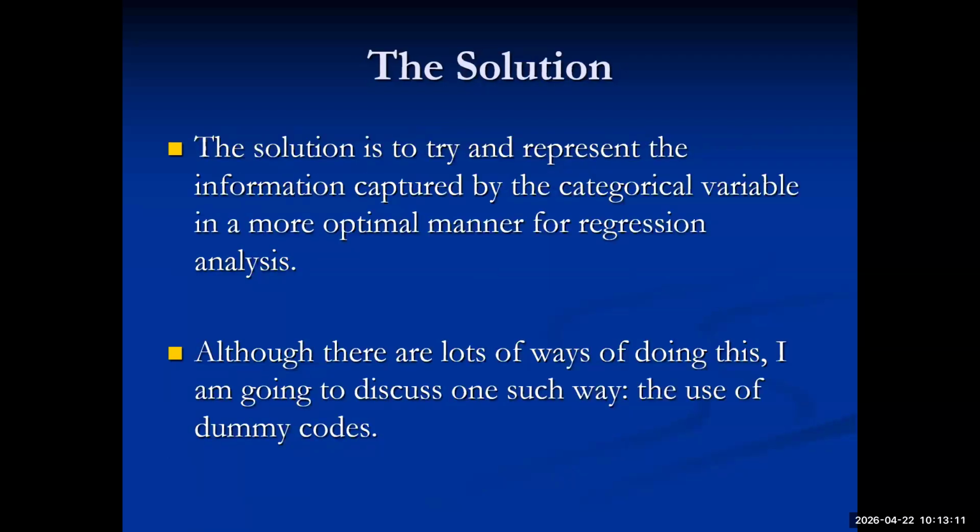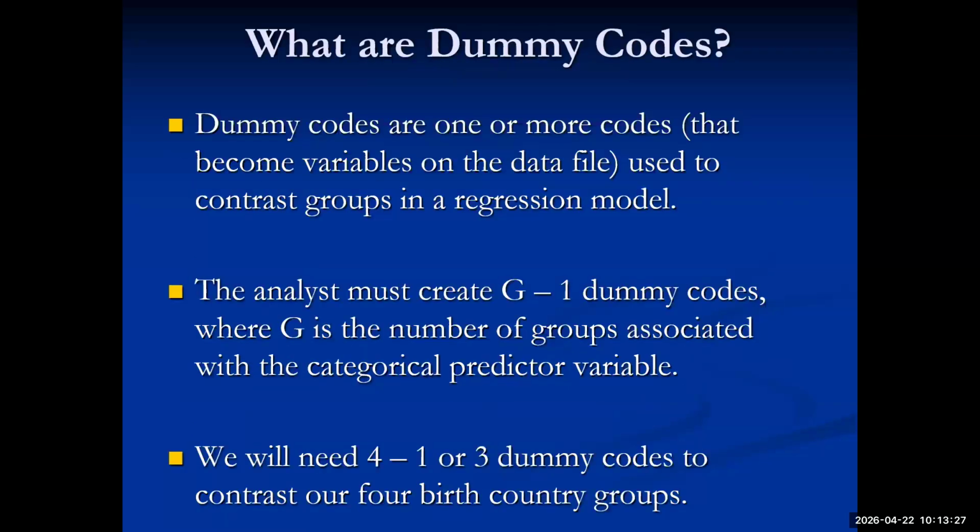Okay. So now the solution to this problem is we want to try and represent that information in a more qualitative way. And we could use one of several coding systems to do that. The coding system I'm going to be talking about today is the dummy code system.